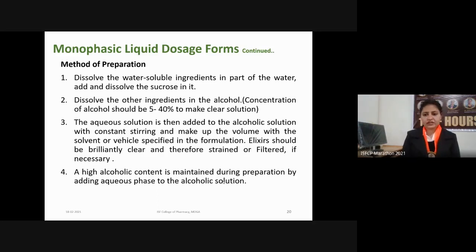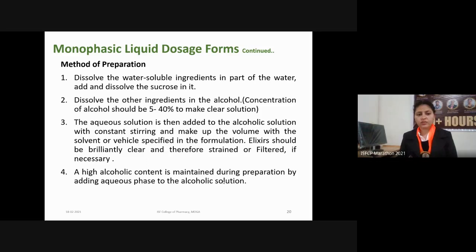The sweetening agent is also added in that water phase. In the second phase, dissolve all those ingredients which are soluble in alcohol. It means if my drug is water soluble, I am going to add that drug in the water phase. But if my drug is not soluble in water, then I am going to add that drug in the alcohol.